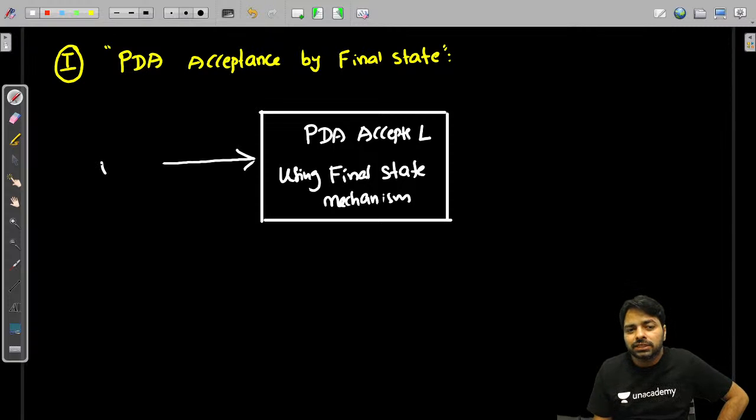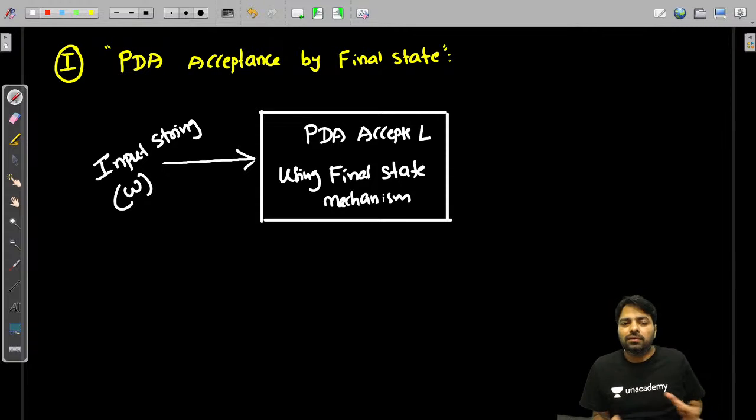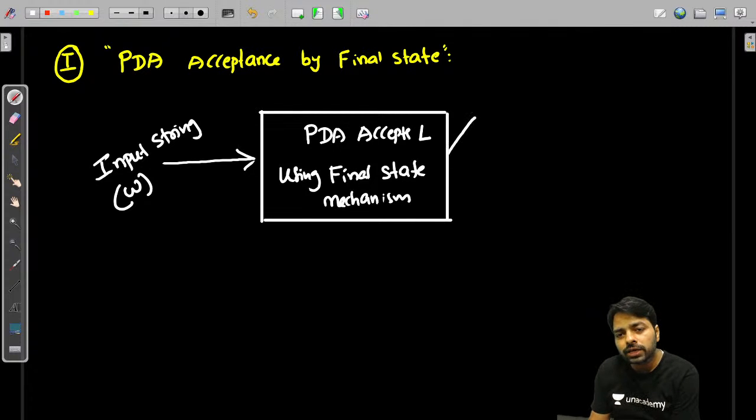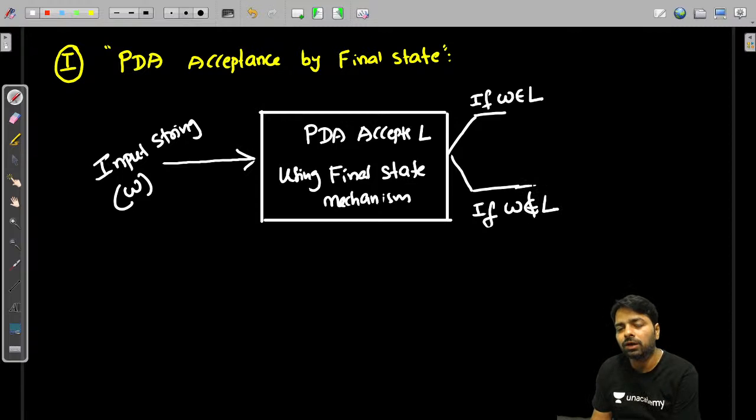So now I'm just taking an input string, that is W. You give it to the machine; I know how I designed it, so I can understand how to run this machine. If W belongs to L, what happens? Basically we are assuming it. W may belong, or may not belong.